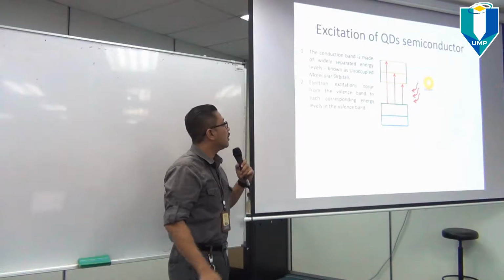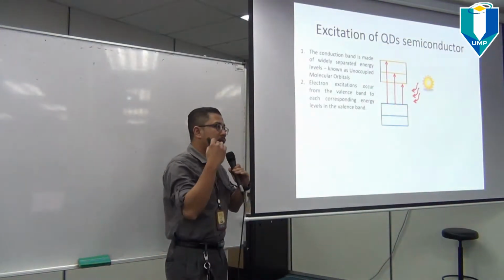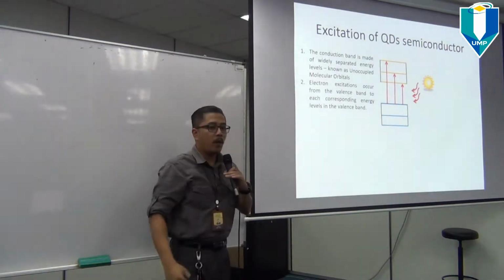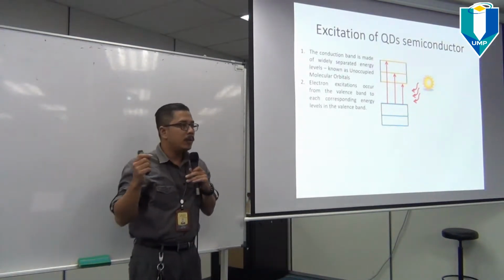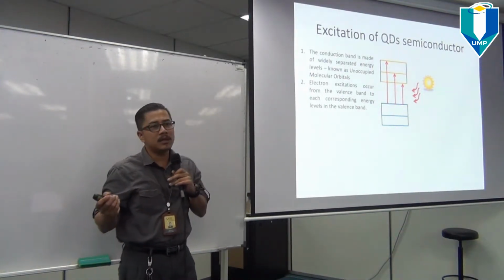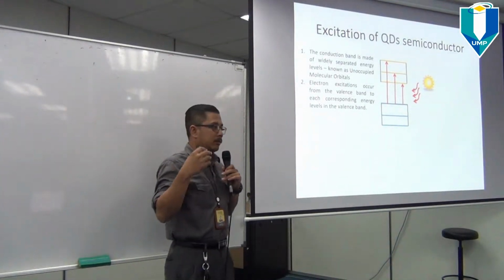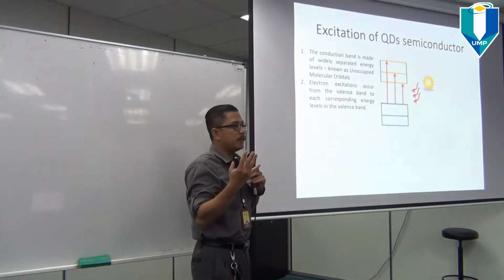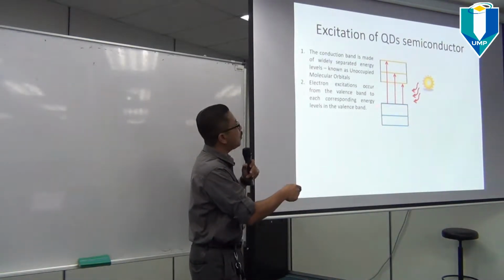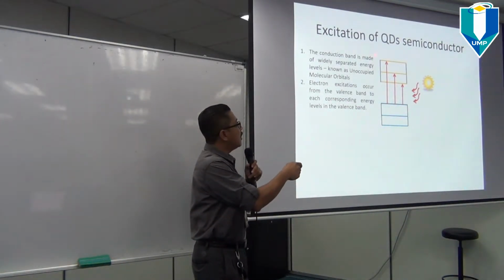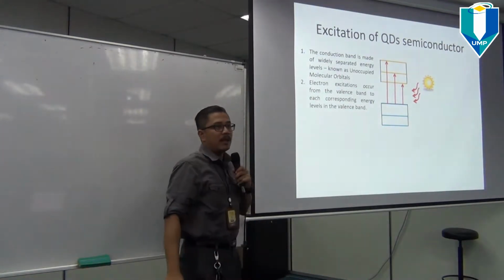But in quantum dot semiconductor, the energy levels are widely separated, and we could have only a limited number of excitations. The maximum in quantum dots is usually 4. This is first, second, third, and we could have one more excitation over here, going to LUMO 3.